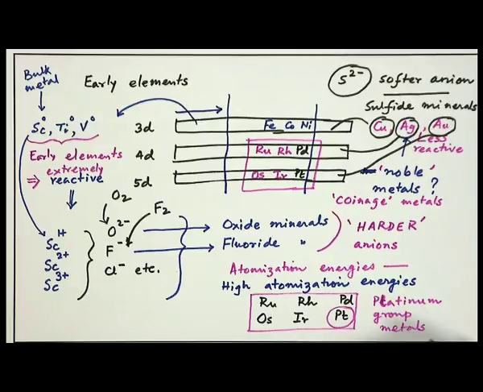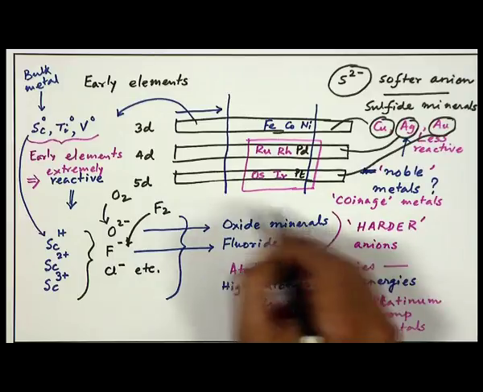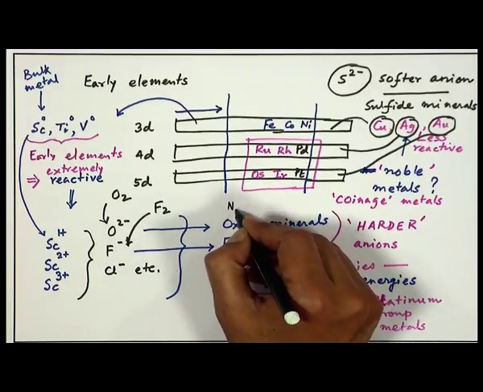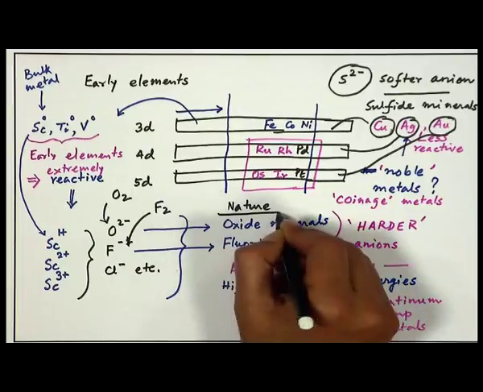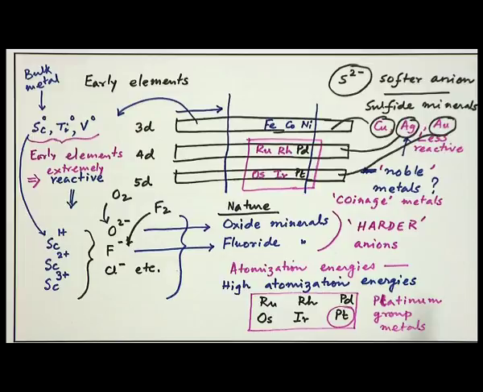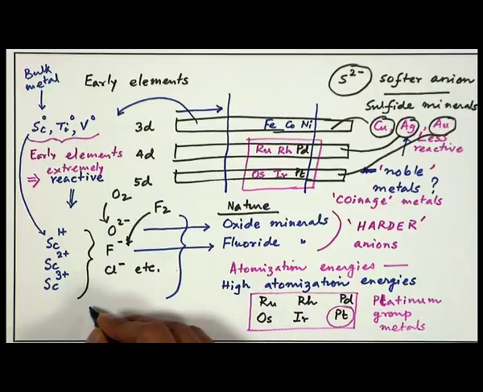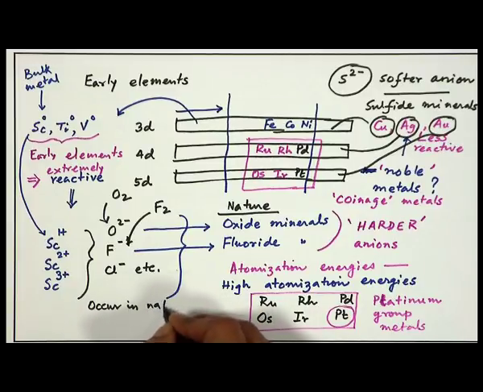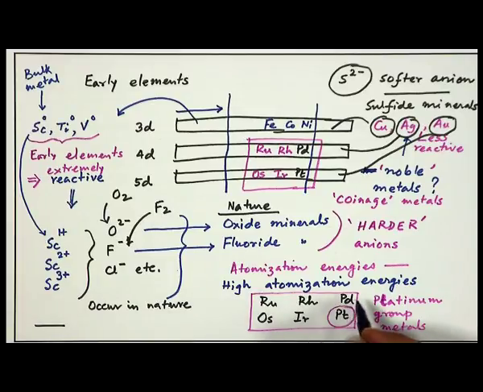So, when we find these in the minerals, nature will give us those minerals, that means oxide minerals and the fluoride minerals. So, they basically occur in nature together, and since they also have comparable sizes, size is also an important factor for all these properties.